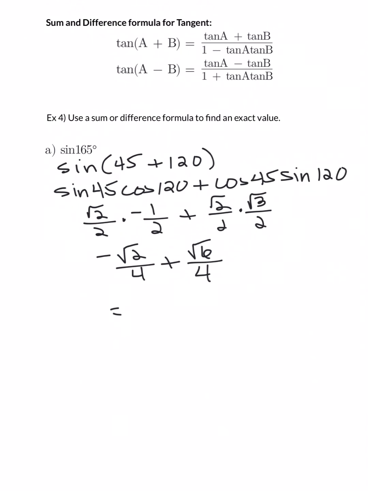My single fraction would be negative square root of 2 plus the square root of 6 over 4. You leave your answer like this. When it says exact value, that means they do not want you to put those radicals into the calculator and find a decimal value for that. Leave it alone.